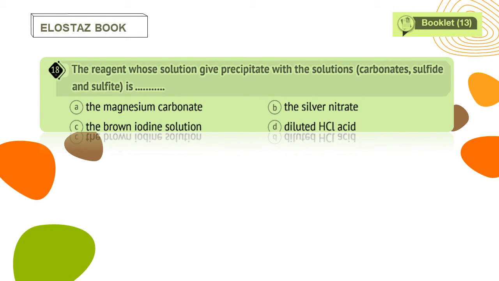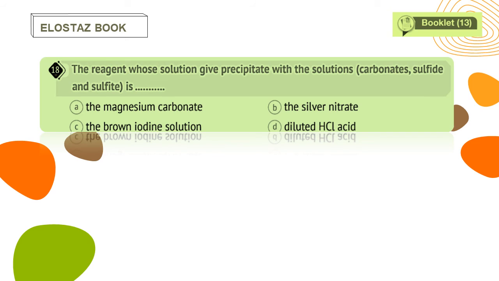Question 18 says that the reagent whose solution gives a precipitate with solutions of carbonates, sulfide, and sulfite is. Okay, as we said, it will be stronger than carbonate, sulfide, and sulfite. It's also a repeated question. We have here magnesium carbonate, silver nitrate, brown iodine solution, and diluted HCl acid. Okay, if we discuss that, we also have a reagent that gets precipitated with them.